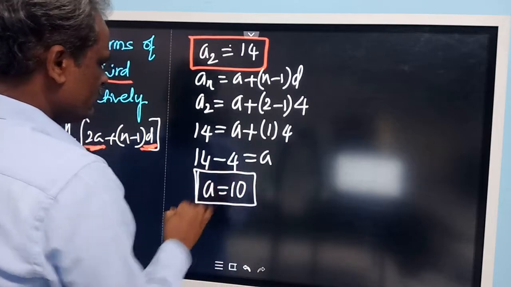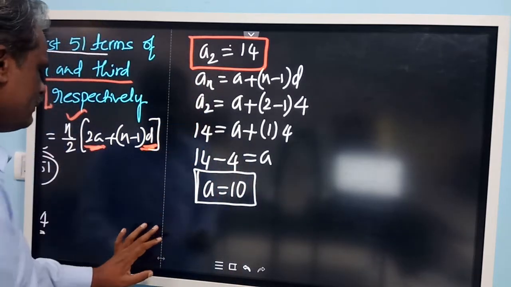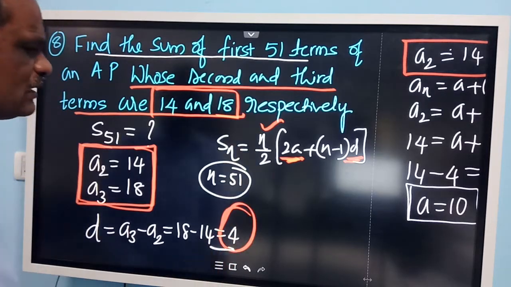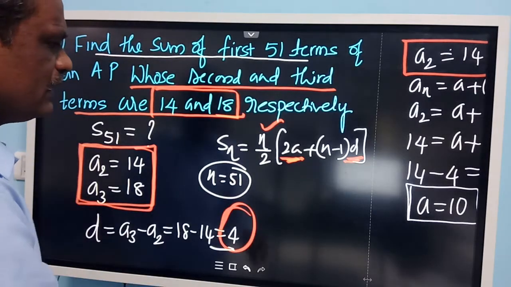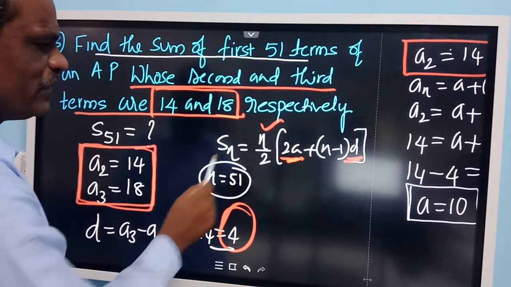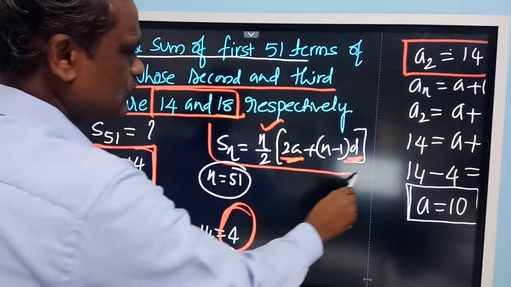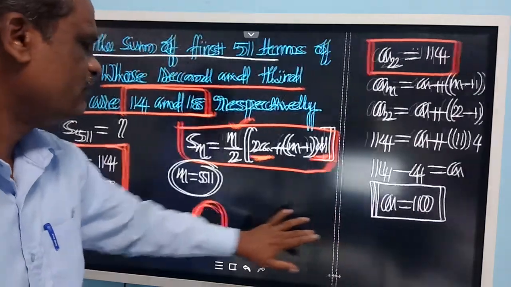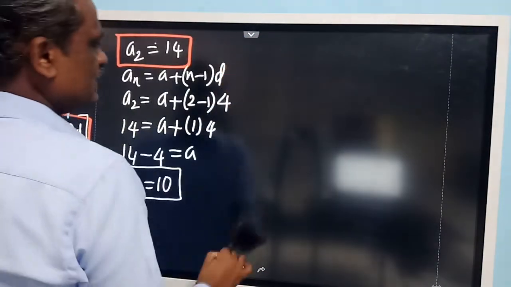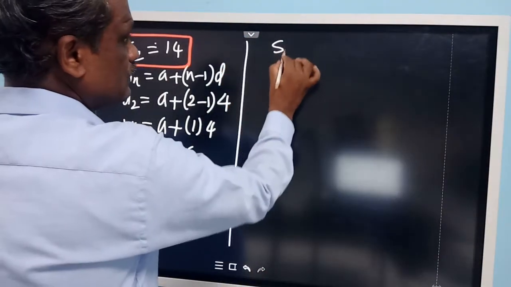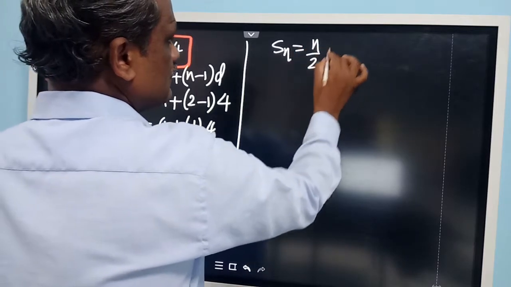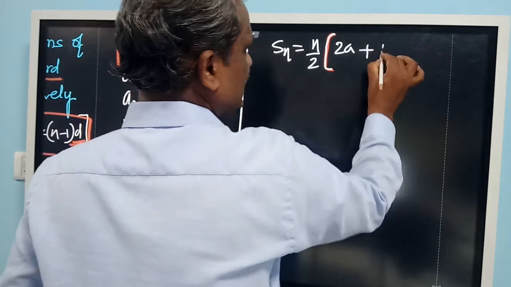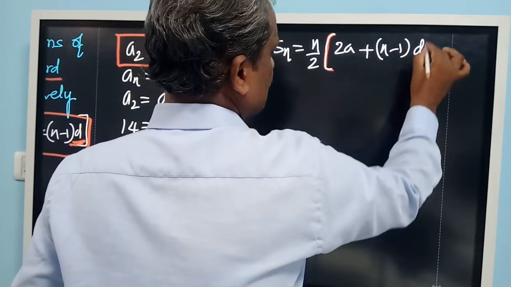So this is the first term, and we have the common difference. d is equal to 4, a is equal to 10, n is equal to 51. Now you can use the formula to find the sum of 51 terms. So let us write Sn is equal to n by 2 into (2a plus (n minus 1) into d).